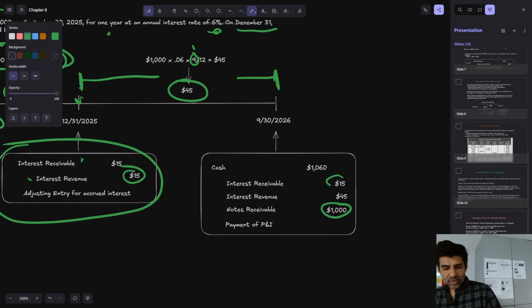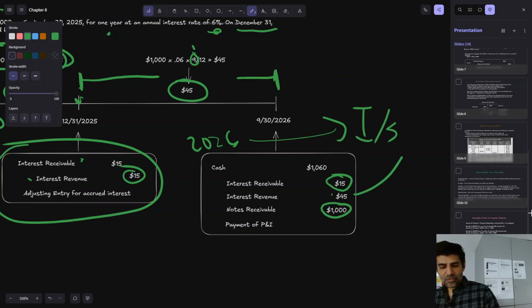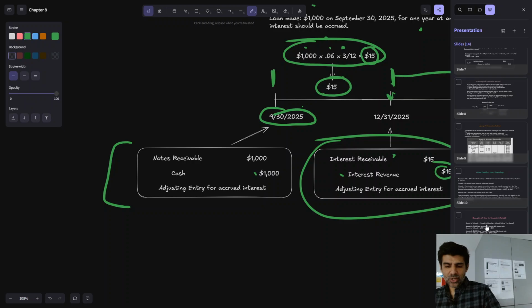They're going to pay off this receivable that we recorded. And we're also going to have this revenue recorded in this 2026 year. So now in 2026, in the income statement, we're going to have $45 of interest, which is correct, right? In the last year, in 2025, we would have shown the $15, which is also correct.